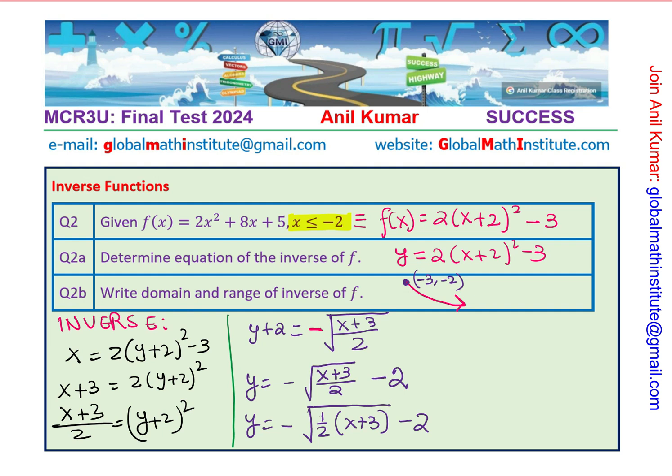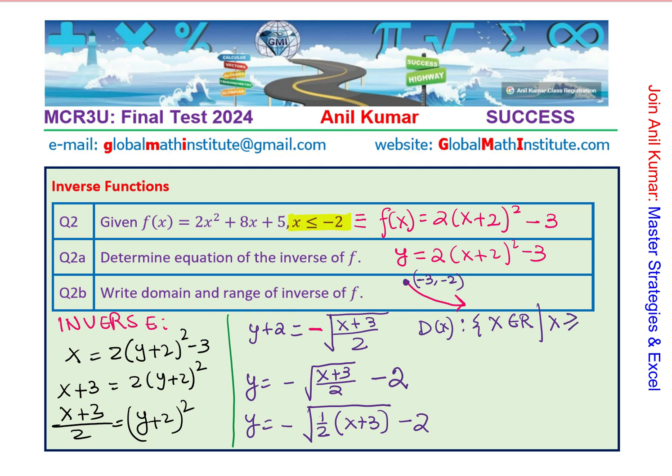And from here we can say that the domain of this particular function, which is the inverse, is x belongs to real numbers, where x is greater than or equal to minus 3.